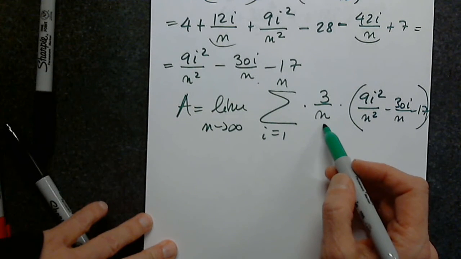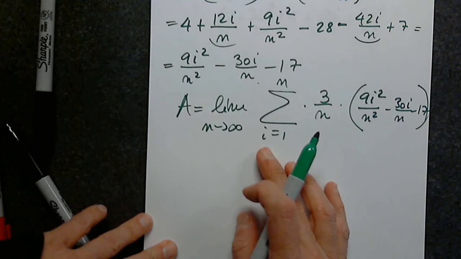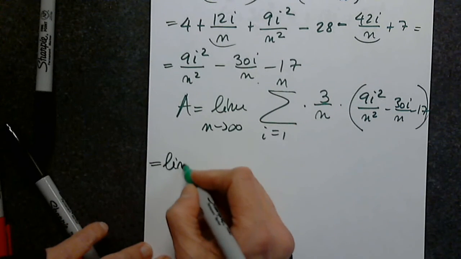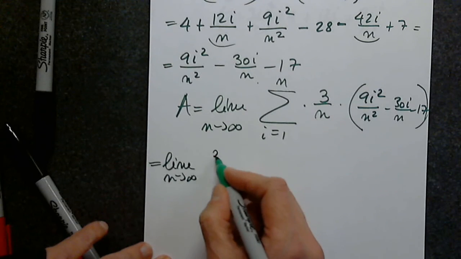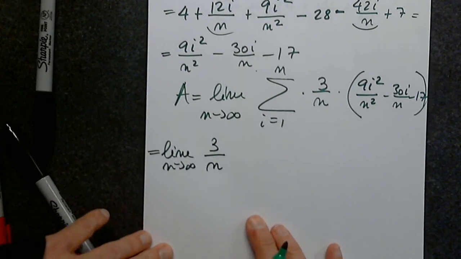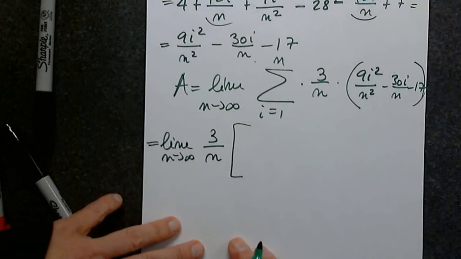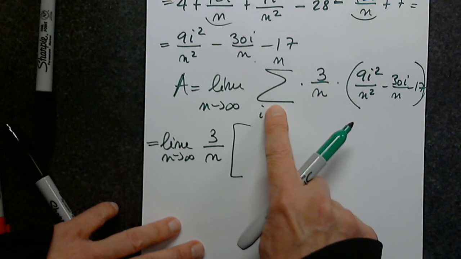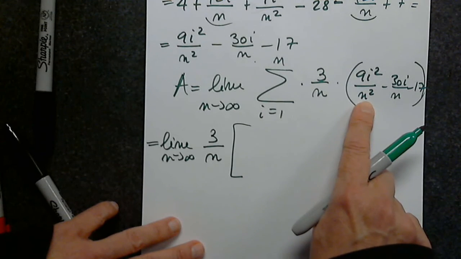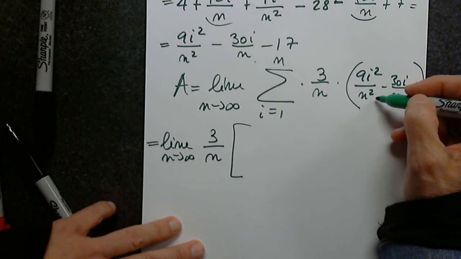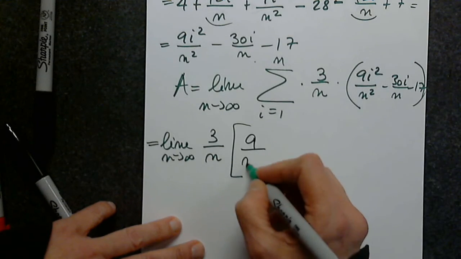Okay, this does not depend on i, so it's a constant and will go in front. So limit as n approaches infinity, 3 over n. I try to cut back on writing a little bit. I'm applying the summation to the first term, but 9 over n squared is a constant, so it will go outside.